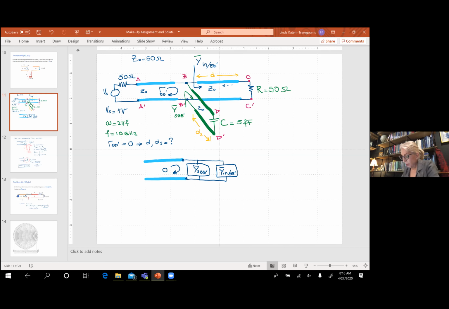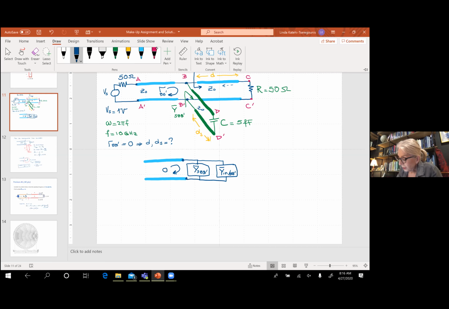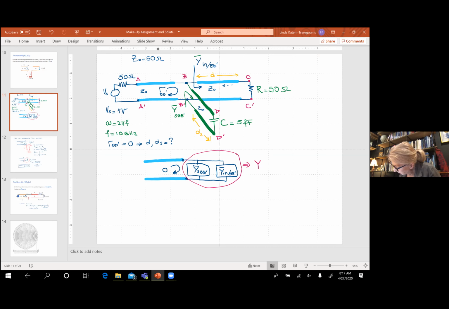All right, and when we have these two normalized, the combination of the two is a sum. So this combination is going to give us a Y load at BB prime, which is going to be YS, all of those normalized at BB prime, plus Y in at BB prime.